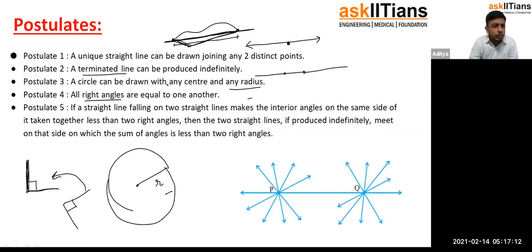So these four postulates are so obvious and self-evident that nobody really thinks much about them. Everyone thinks, yeah, this is so obvious, there is nothing much to ponder about. But now comes the fifth postulate, which has eluded mathematicians for several centuries.